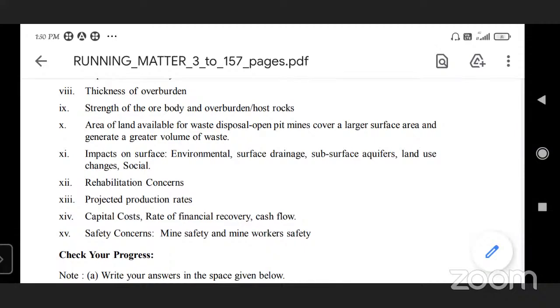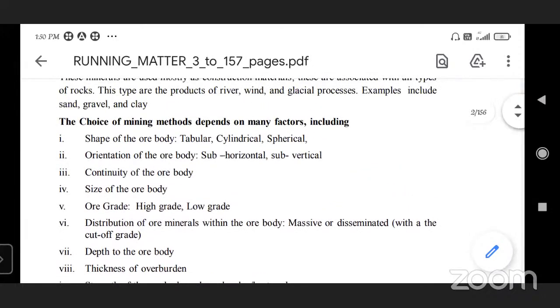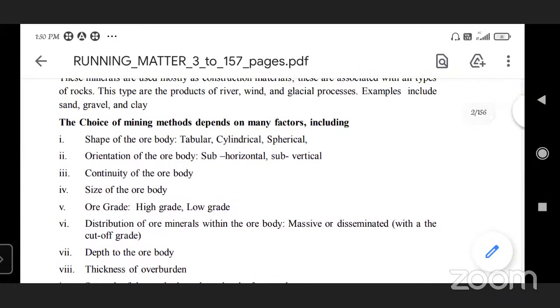So these are the different types of factors which are going to scope or change the choice of mining methods.